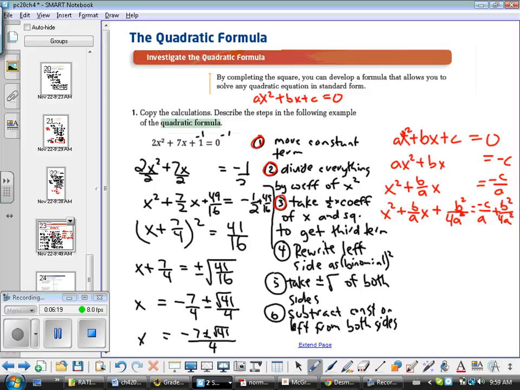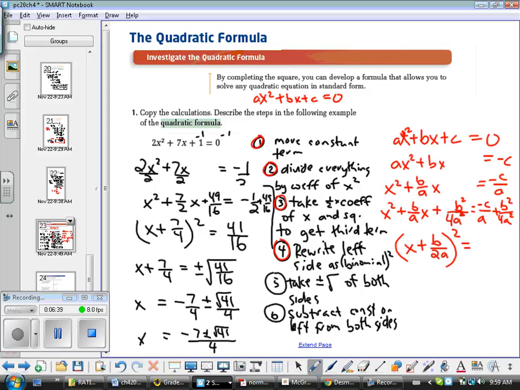Now I rewrite the left side as a binomial squared, and remember that's just going to be x plus b over 2a, squared, because it's half that second coefficient. We can definitely simplify the right side by using a common denominator.